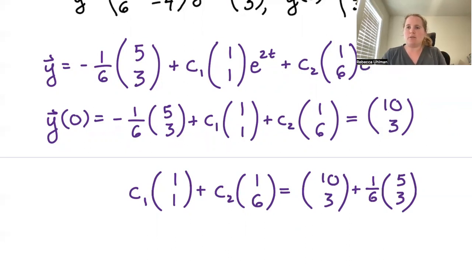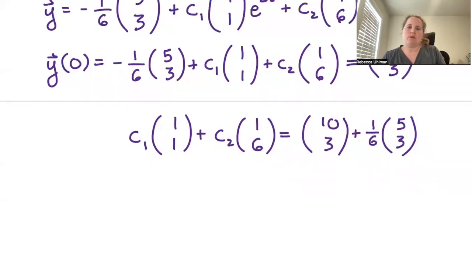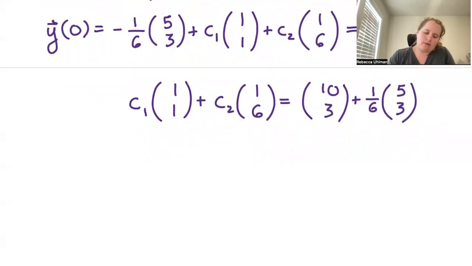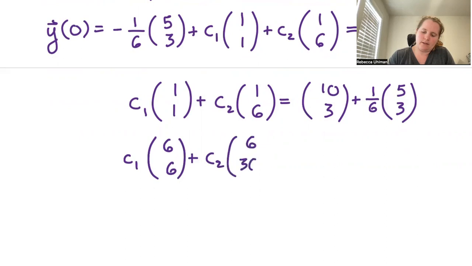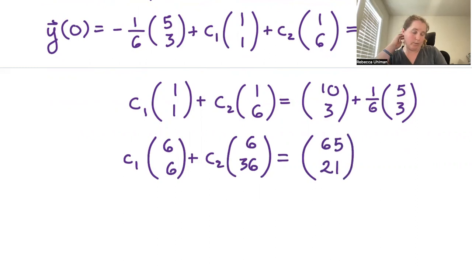Multiplying everything through by 6, this is equivalent to c1 times 6, 6 plus c2 times 6, 36 is equal to, we would have 60 plus 5 is 65 for our first row on the right, and then 18 plus 3 is 21 for our second row on the right.